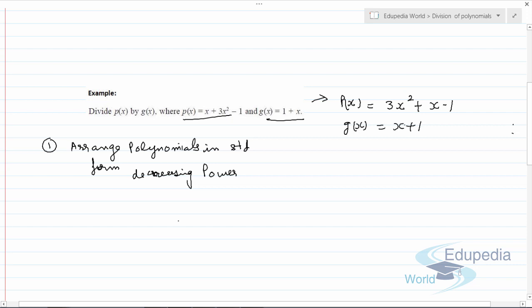The power is decreasing. Then we follow the same simple steps of division. We are dividing the polynomial p(x) by g(x), so p(x) is the dividend and g(x) is the divisor. So we write it like this.